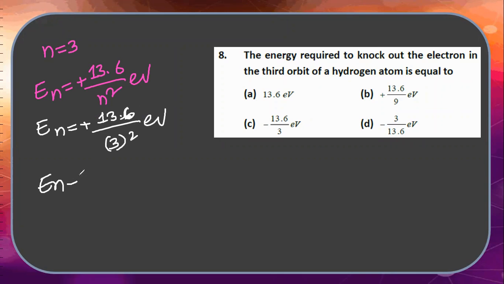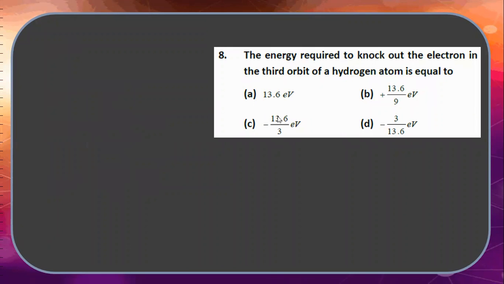Then En is equal to 13.6 divided by 9 electron volts. This is positive, not negative. The energy of the electron in the nth orbit means total energy, so the negative sign will come. But it is the ionization energy, the energy required to remove the electron from an orbit completely. Knockout is nothing but remove it.